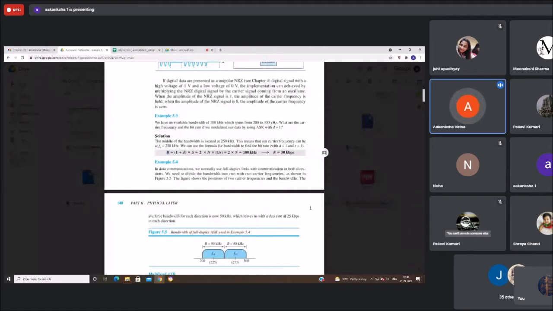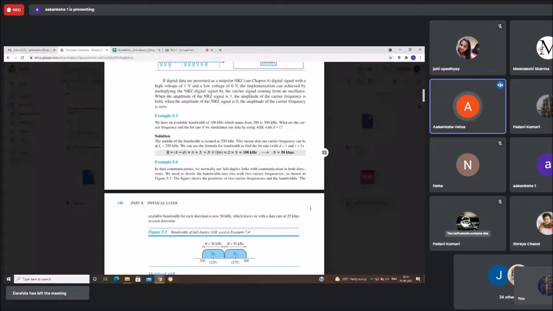So the entire bandwidth of the previous example, 200 kilohertz to 300 kilohertz, will be divided into two parts. At 250 kilohertz we will divide the entire frequency spectrum, and 50 kilohertz bandwidth will be used by the up channel, that is the sender to the receiver, and in the reverse direction, from receiver to the sender, we will be using 50 kilohertz of bandwidth. So there will be two bandwidths, 50 kilohertz for the up channel, 50 kilohertz for the down channel. And for each, we will be using two carrier frequencies, FC1 and FC2.